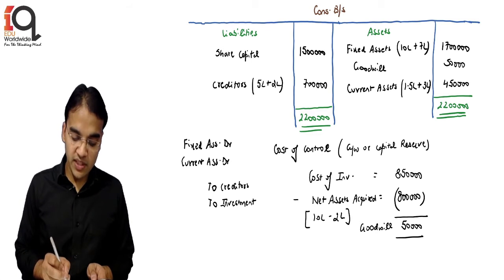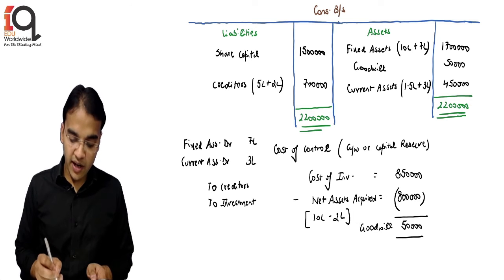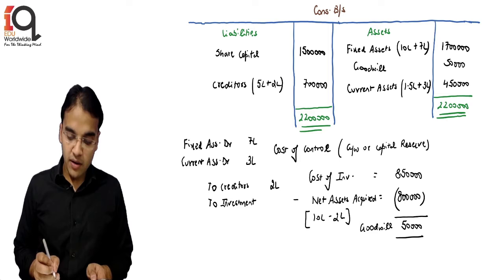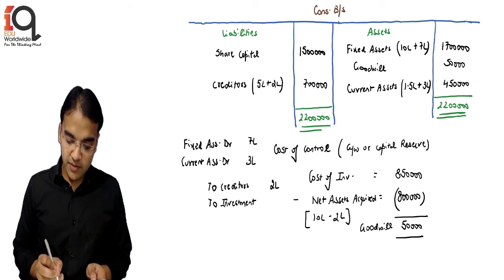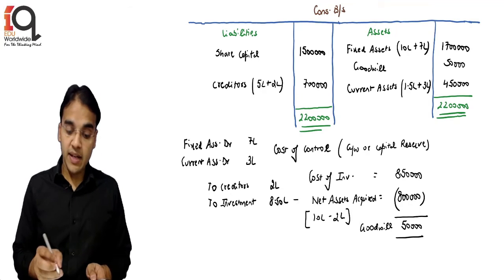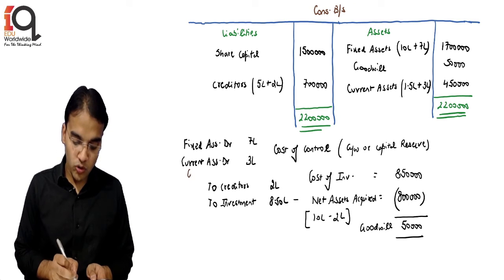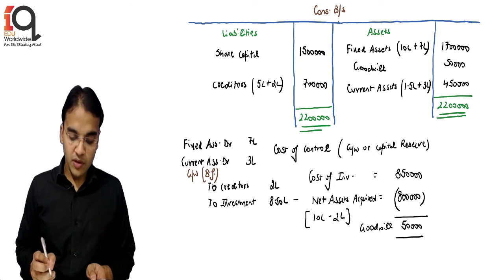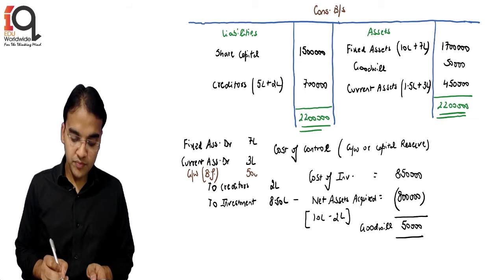So the fixed assets were 7 lakh, current assets were 3 lakh, creditors were 2 lakh, and your investment was 8.5 lakh, and this entry has resulted in the difference of goodwill, which I have separately calculated, which is how much? 50,000.